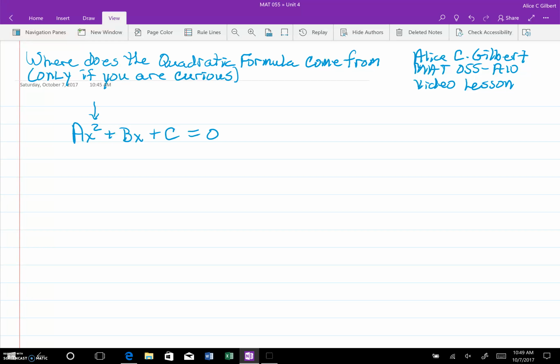And since we don't know what a is, we are going to have to get rid of that. What that means is I need to divide a out, because ax squared divided by a will leave me with x squared, which has a 1 coefficient. But if I do that to the first term, I need to do it with every term in the equation.